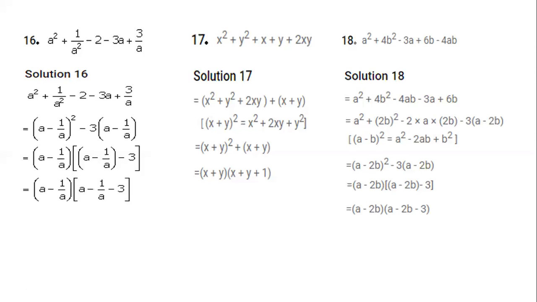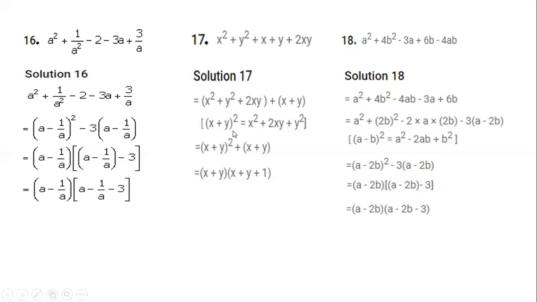Come to the 17th. This is again the same; 16, 17, 18 are three questions of the same type. See, in question number 17, x square plus y square plus x plus y plus 2xy is there. So again, I am going to take x square plus y square plus 2xy in a single bracket, and x plus y as the second term.